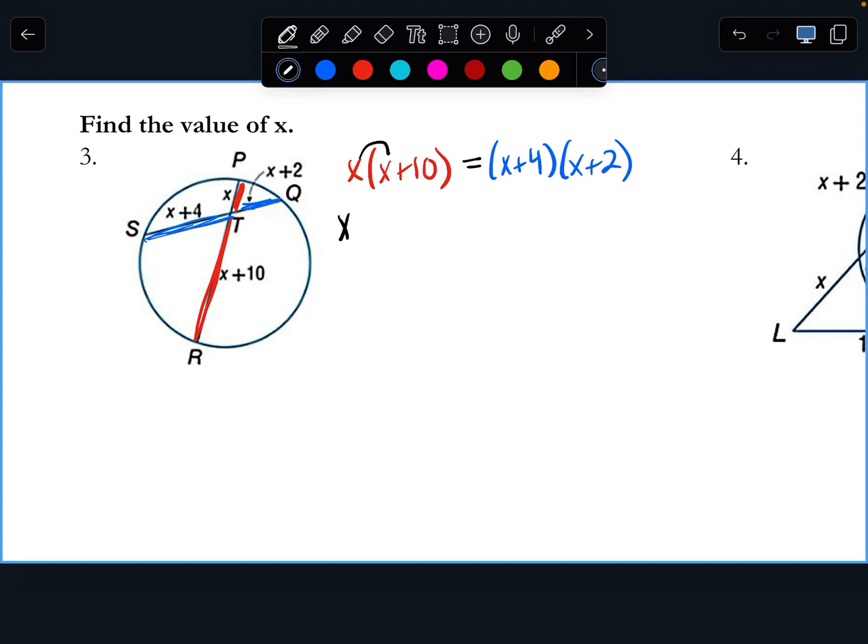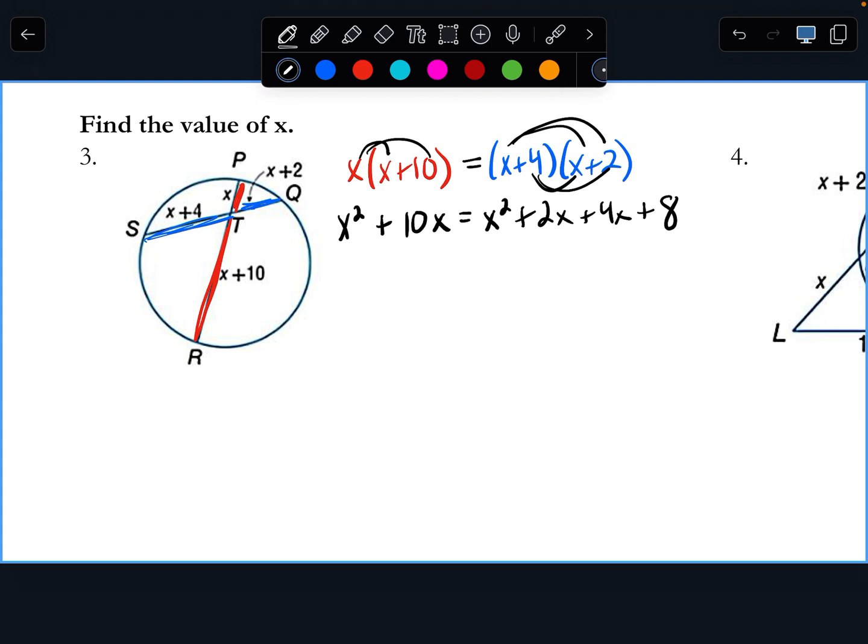So you go x times x, x squared, and then you might have a panic attack because of the squaring stuff, but it'll be okay. Plus 10x. And then the blue part, you got to do all the distributing stuff: x times x, x squared, x times 2, 2x, 4 times x, 4x, 4 times 2, 8.